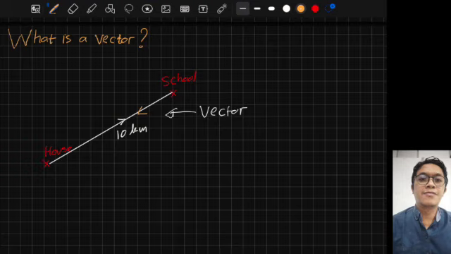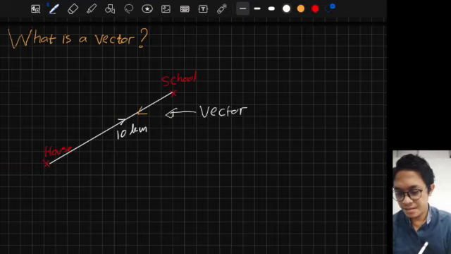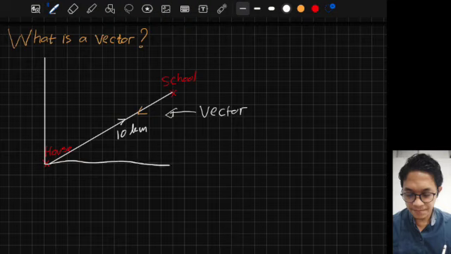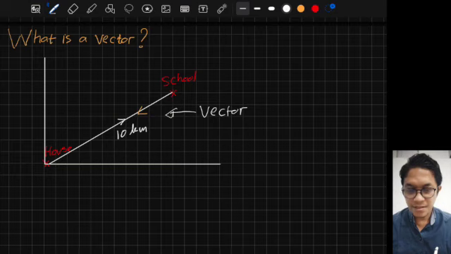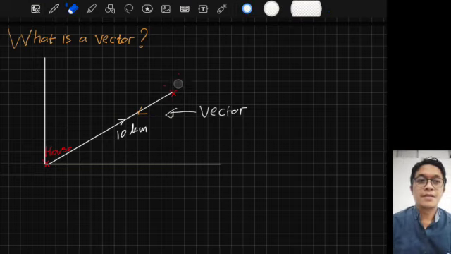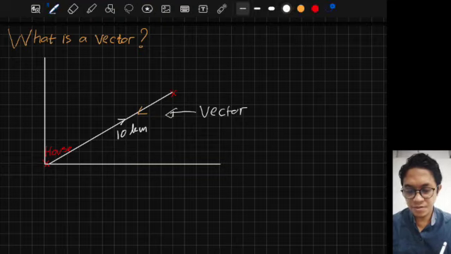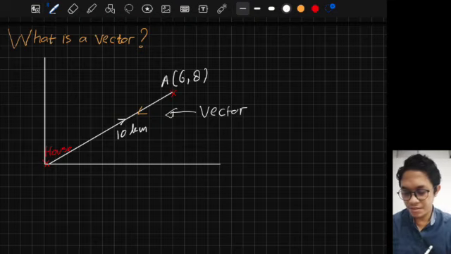In general form, let's use the Cartesian diagram here. This is the y-axis and this is the x-axis, and let's say the coordinate of the school, point A, is (6, 8), and of course this is the origin, which is (0, 0).